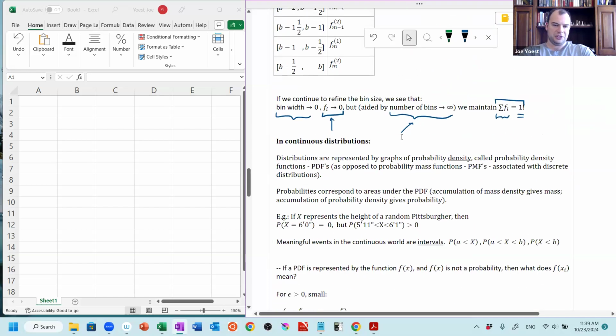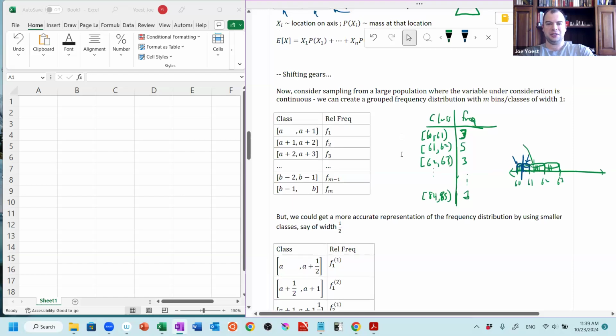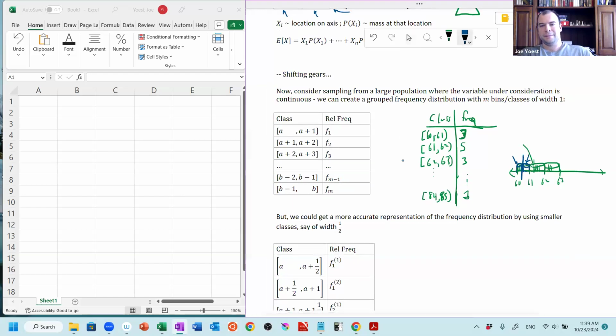Well, up here, let's say instead of 6 feet 0 inches, let's just say exactly 60 inches. Well, I have this bin, right? That's like the 60 to 61 bin. And I have a few outcomes that are in there. Now I split the bin in half, right? At this point, it's discrete.